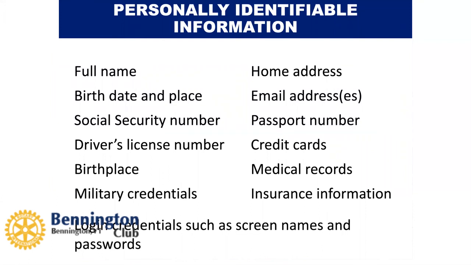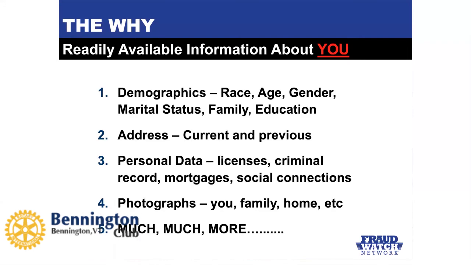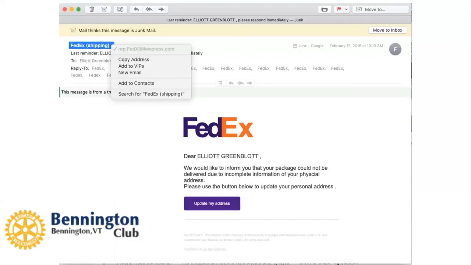If you're unsure about whether that's true, next time you're on the computer, Google your name and see what you find out about yourself that you may not even think is out there. What's available? We saw that, but basically demographics, address, personal data, photographs, a lot of other things, and most of it is free.